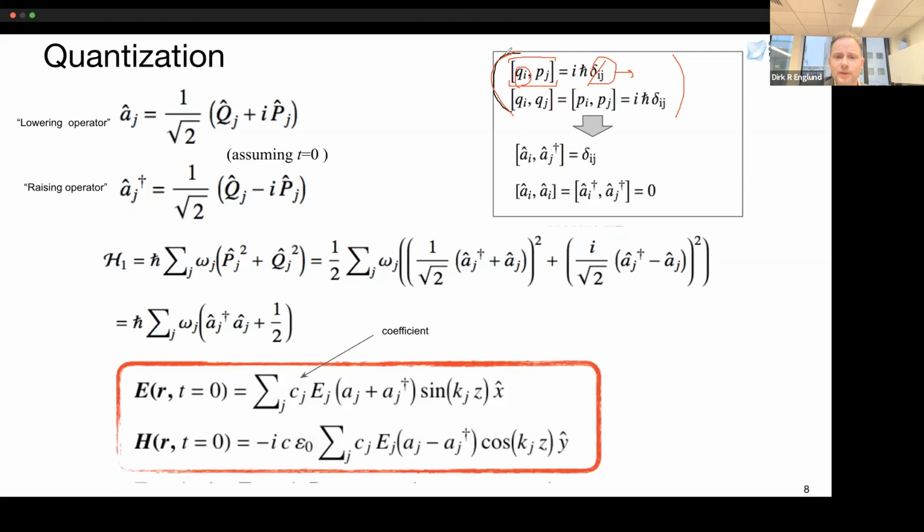So this is from the first quantization, but we can now rewrite these commutation relations for the field operators. How do we do it? Let's look at Q, for example. Say they have the same index, and I'll drop the index for simplicity of writing it: Q and P.